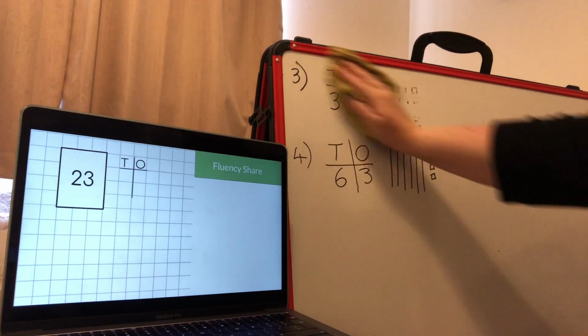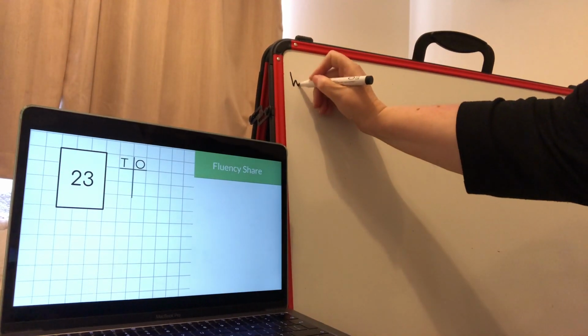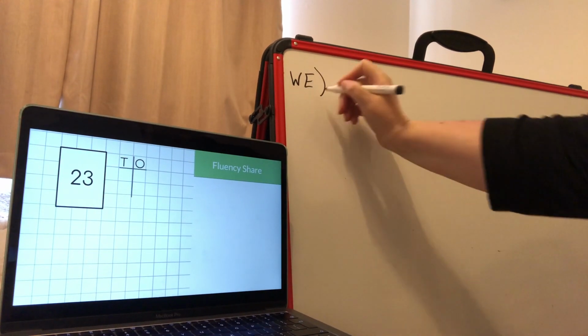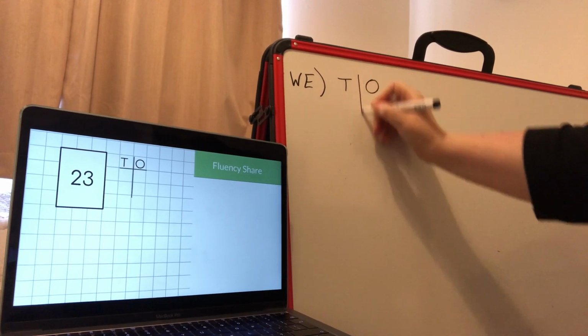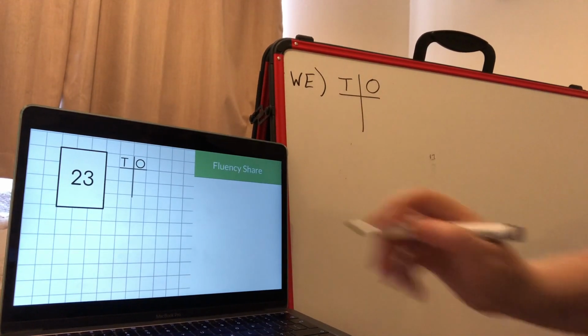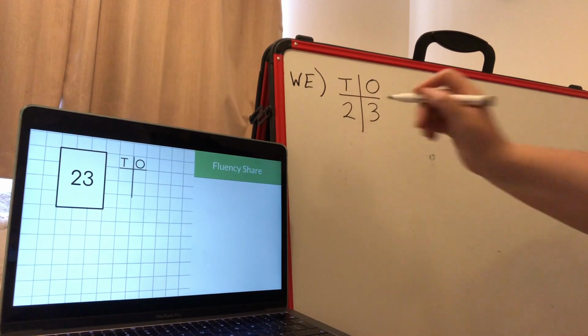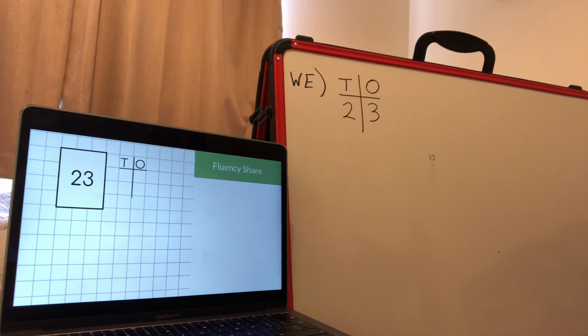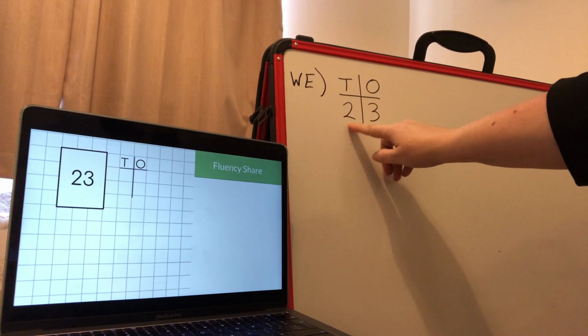Okay, time for our worked example. So if you can put WE in your book, do your tens and ones grid. Put in the number, it says 23, 2 comes first, 3 comes next. Okay, so how many tens are we going to draw? T for tens, 2.